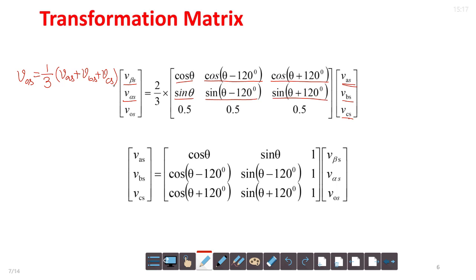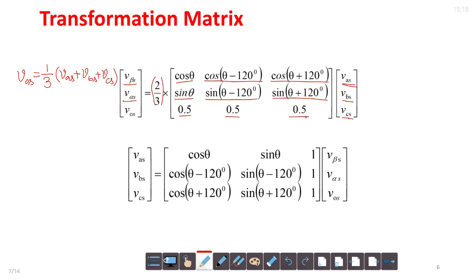Here, to have invariance of the MMF, we multiply the matrix by the factor 2 by 3, so that the MMF remains invariant. So, for V0S, applying this factor, it is 2 by 3 into 0.5, 0.5, 0.5, that is 1 by 3 of VAS plus VBS plus VCS.